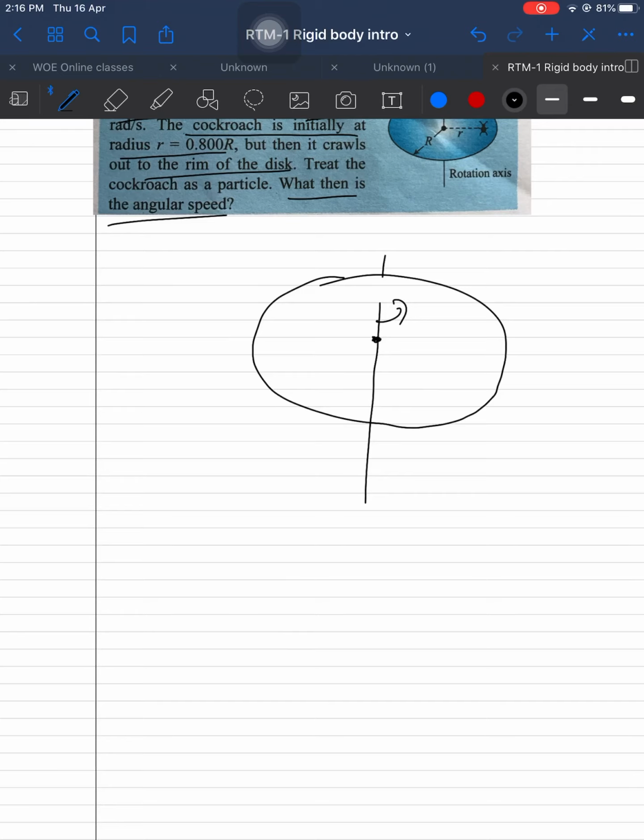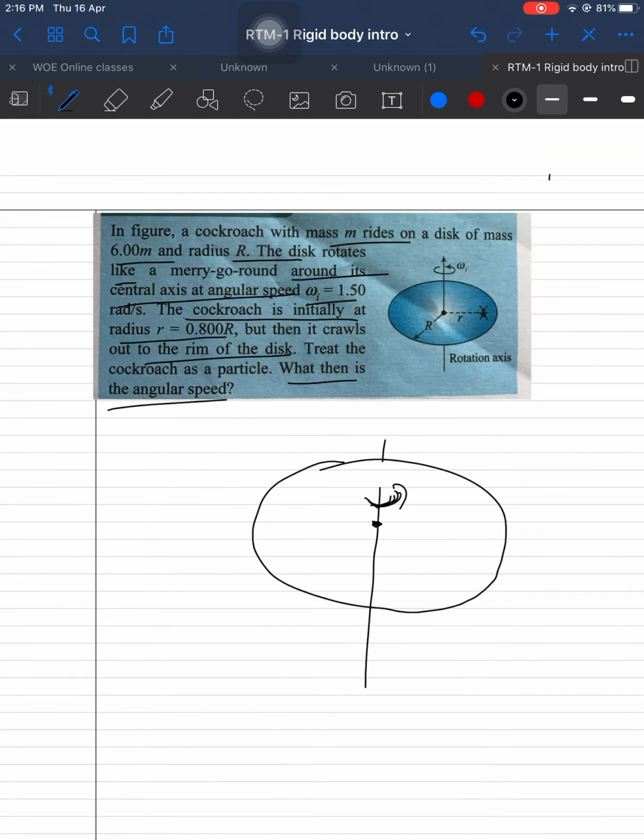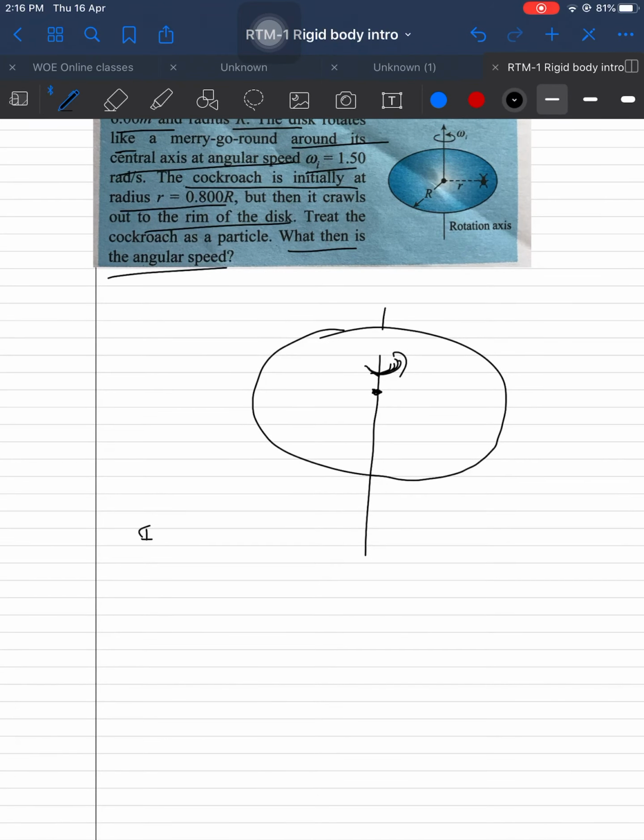About the center of mass we are doing this, since it is rotating about the center. So I1 omega 1, the disc of mass 6m, is ID plus I of cockroach, into initial omega, is equal to ID plus I of cockroach finally, into omega final. Initially the cockroach is at 0.8 r, and finally it is at r.